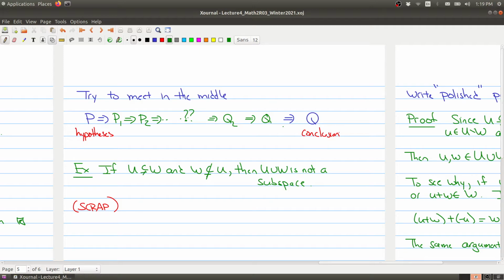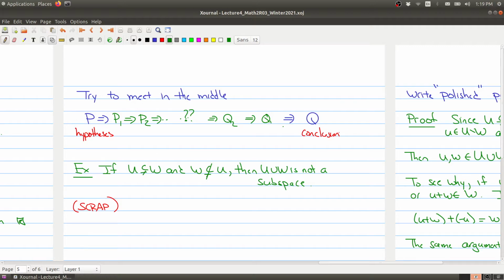One thing you're not seeing when you come to a textbook or a lecture is all the scrap work. A mathematician spends a lot of time writing on pieces of paper or typing, trying to come up with the argument.